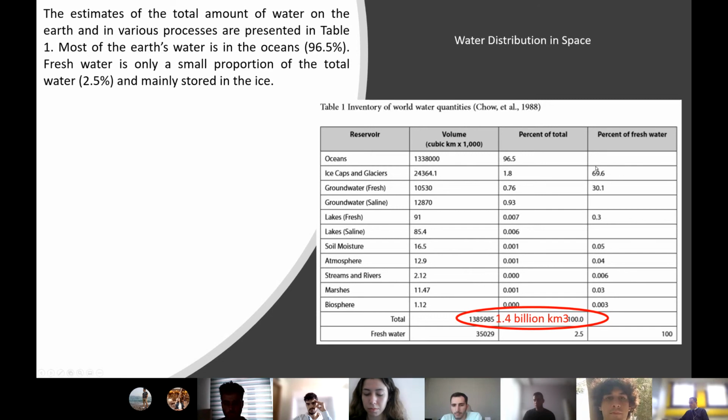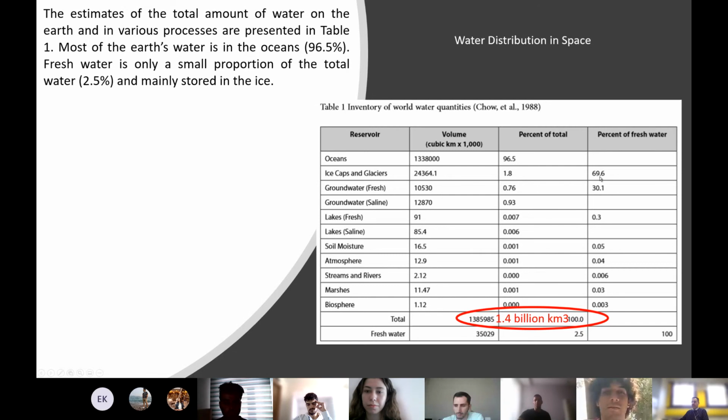And the last column here shows the percentage of each water storage, or reservoir. How much of this reservoir constitutes how much percentage of fresh water?